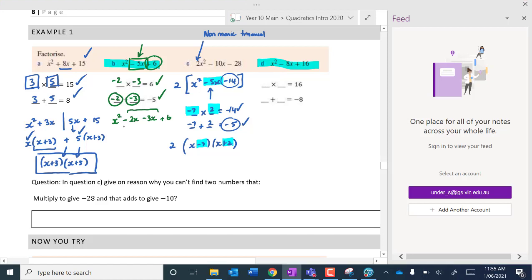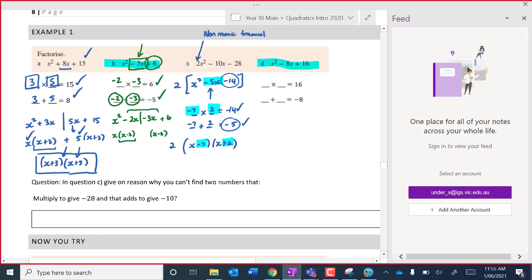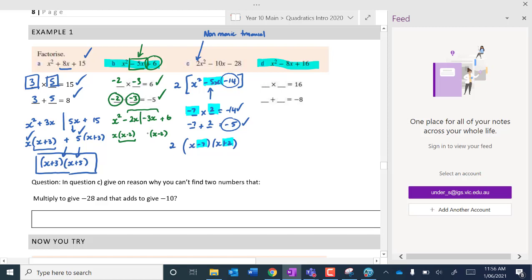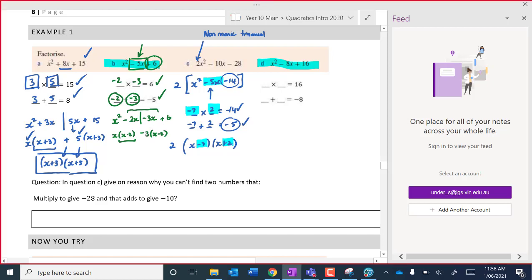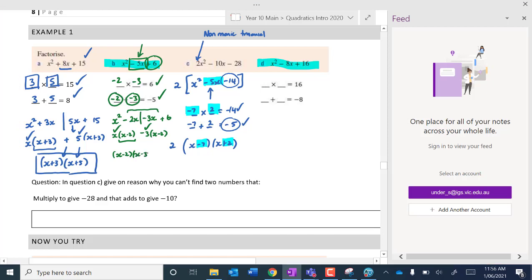So let's break that up: x minus 2, and that should be a big hint, we want to see x minus 2 again, and that's going to be a minus 3 over there. So that's how we can factorize this to be x minus 2 and x minus 3.